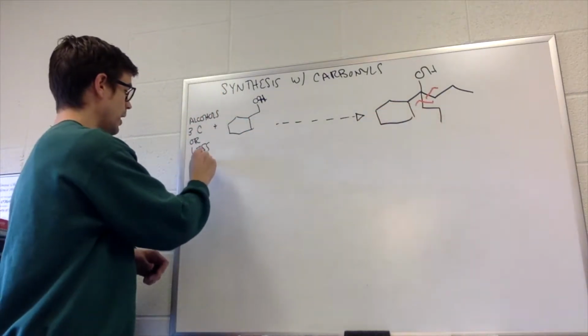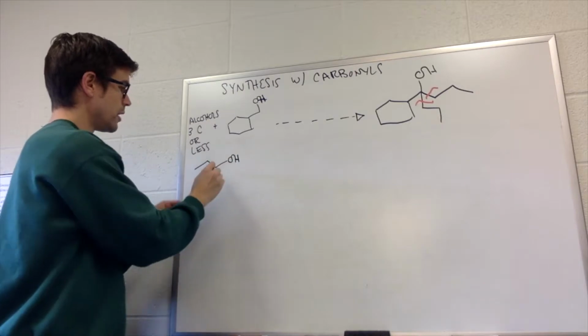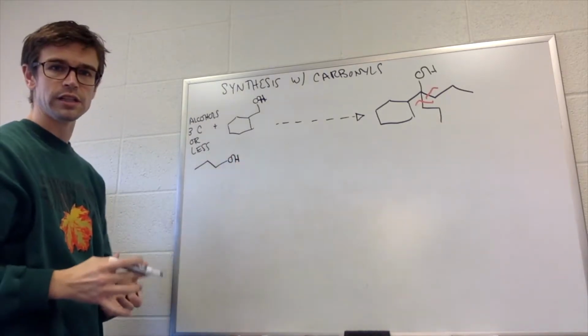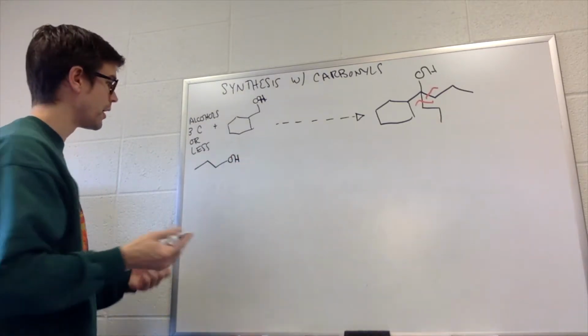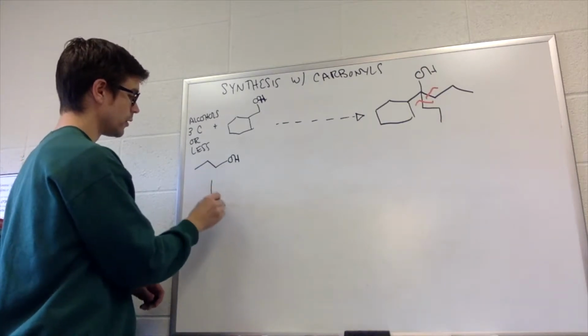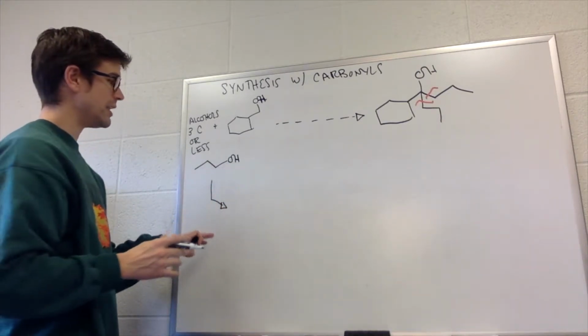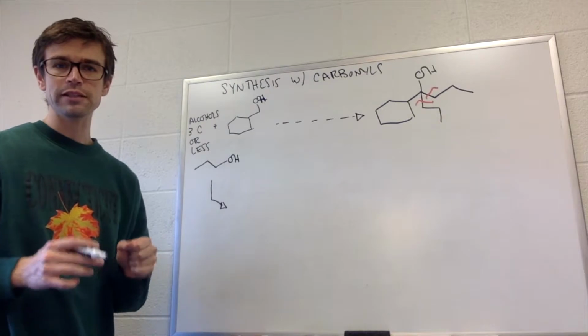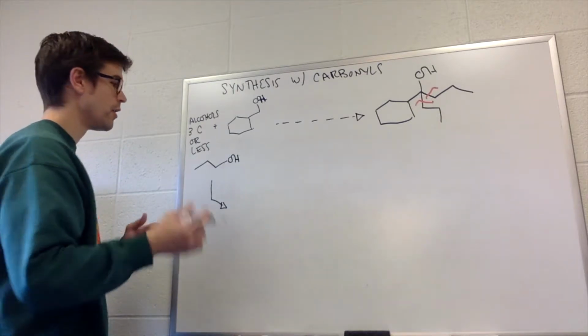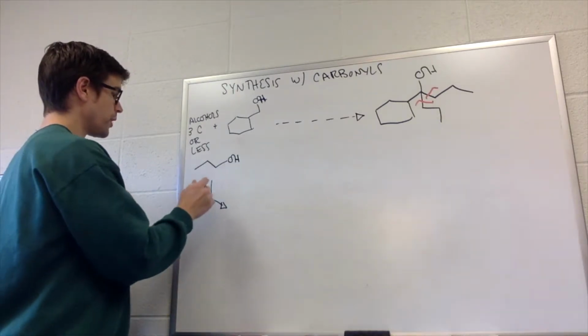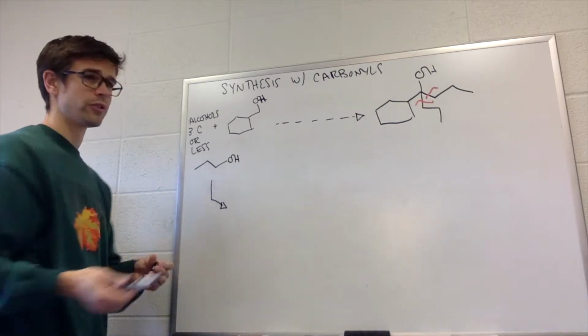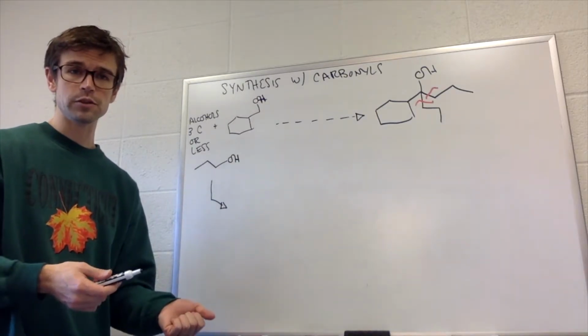So if we had an alcohol like this, and we are able to turn that OH into the lithium or the magnesium bromide, then we'll be set to go. How do we do that? We need to have the halogen in the place of the OH so that we can make the lithiate or the Grignard reagent. To do that, we're going to use a reagent that you learned back in Organic Chemistry 1.